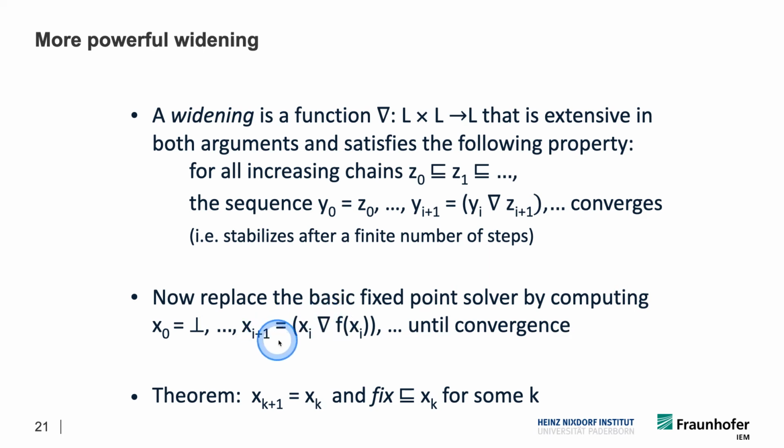And then this new widened value, now looking at this history basically, right? So looking also at the previous iteration, that will then form our resulting value here. And you can prove that at some point this will stabilize, and then you have a fixed point for some k. And in particular, the fixed point that we compute here is defined to be an upper bound of the fixed point that we would normally compute.